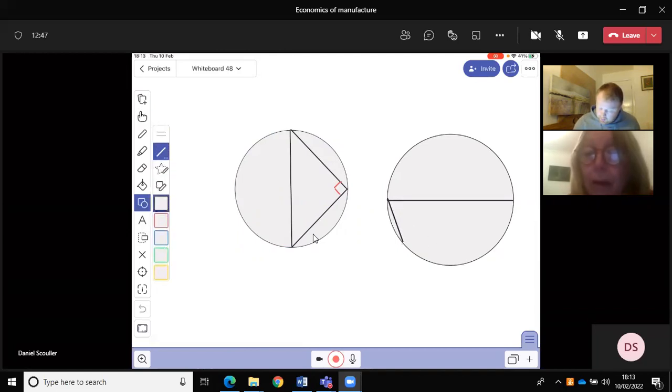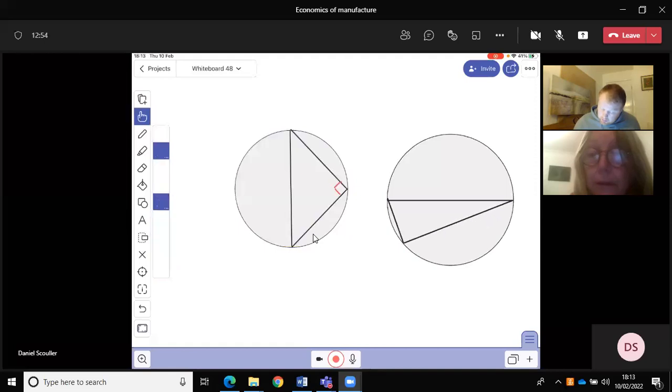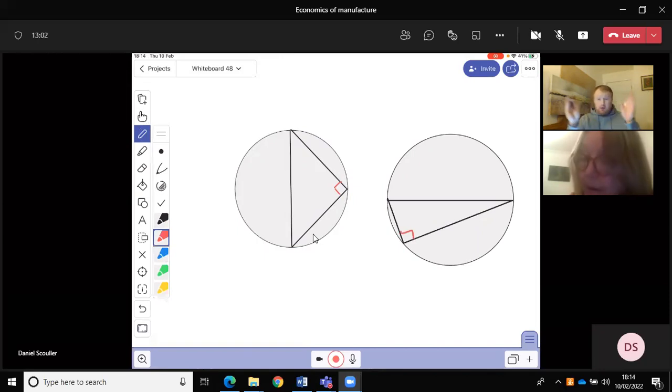If I do that, and that, that angle in there is your right angle. So those lines, as long as they come from either side of the diameter, wherever they meet is going to create a right angle when it's inside that semicircle. When it's inside that circle. So that's a really important one.